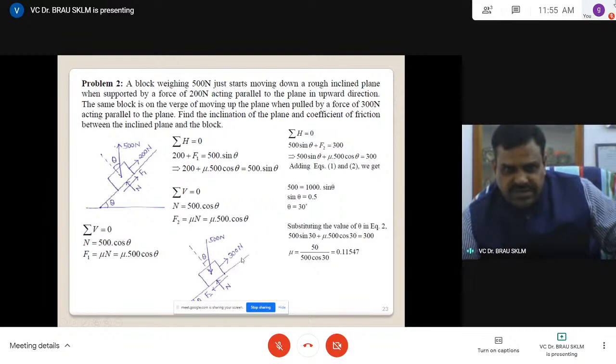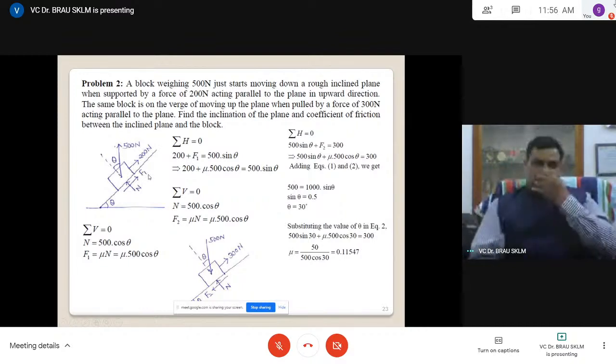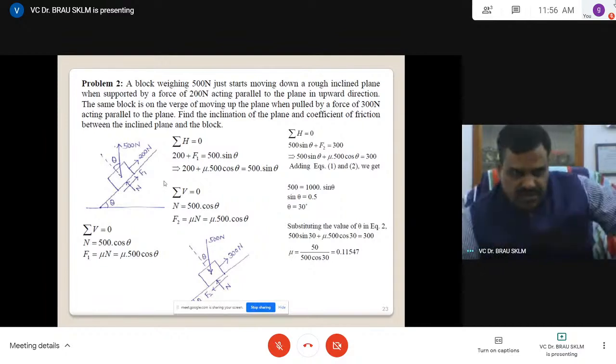So now let us consider what is the analogy. Now if you can resolve 15 cos theta is downwards, 15 sin theta is in this direction. In horizontal, this is one force and this is another force, which we are considering, and try to solve the problem. Actually here, the weight downwards means W in the downward direction.